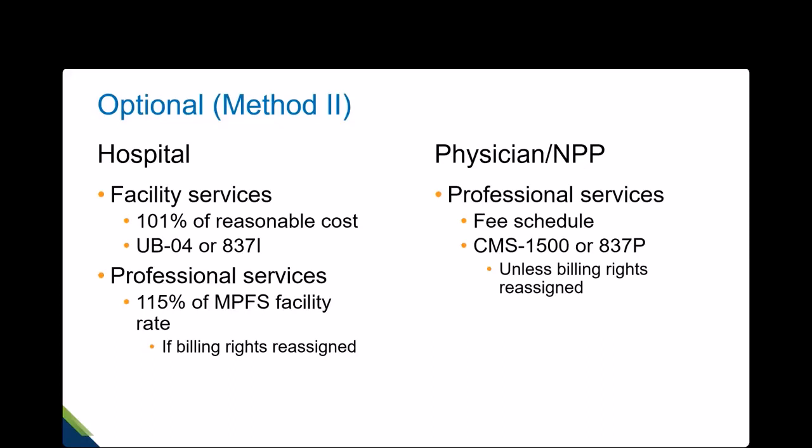So as you see here, the facility billing requirements and payment are the same, 101% of reasonable cost minus any Part B deductible and coinsurance, and sent on the UB04 or the 837I. But in this case, payment for professional services is also included on that 85X type of bill. And payment for those professional fees is 115% of what would otherwise be paid under the fee schedule.